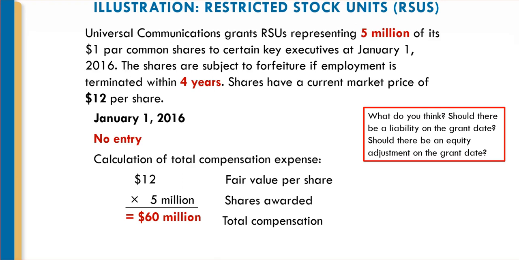If you're doing quarterly financials, you would use an equal amount for each quarter. Every quarter, up until the date they vest, you are going to see compensation expense for these key executives, spreading the 60 million over all those quarters. If you do monthly financials, spread it over all the months. So up here it says no entry is done on January 1st, 2016. They just want you to understand there's no journal entry associated with this.